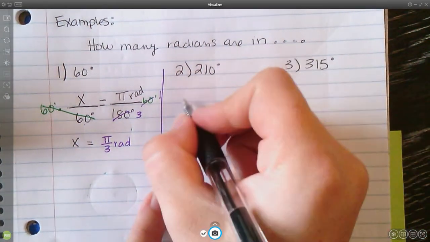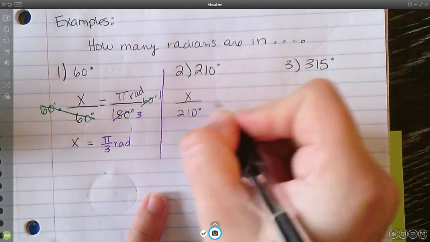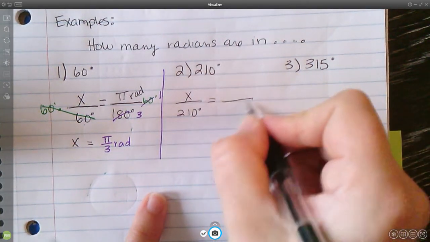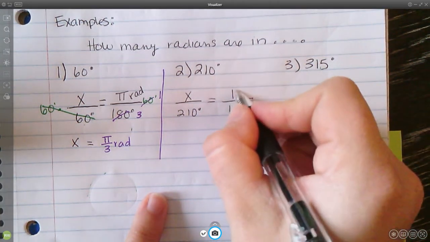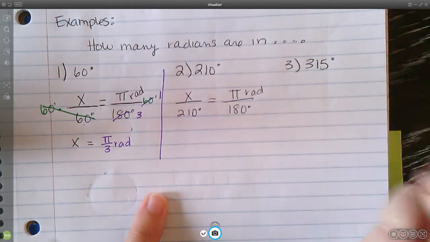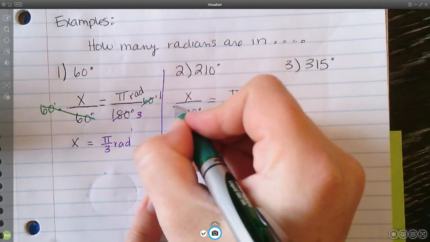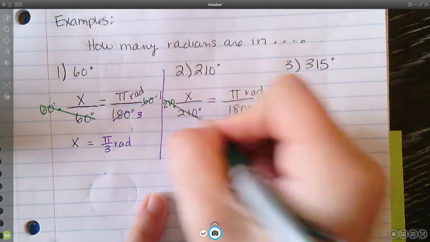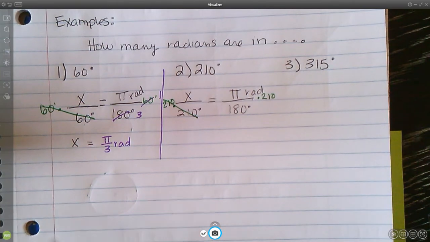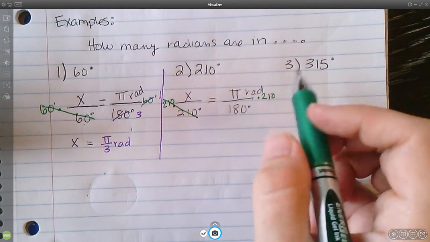210 degrees, so same thing, what we're trying to find goes on the top, what you know goes on the bottom. We're going to put 180 on the bottom here, so what goes on the top? It's going to be pi radians. And then we need to multiply both sides by 210. These cross out. I need to do a little bit of simplifying here. Oh, let's see.